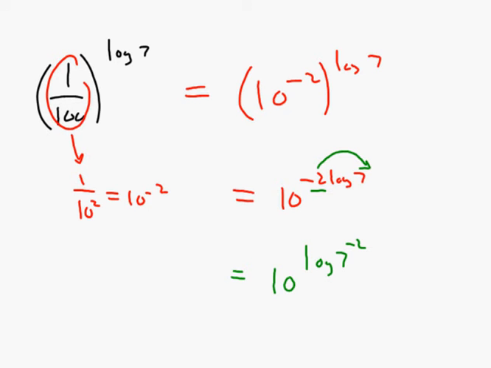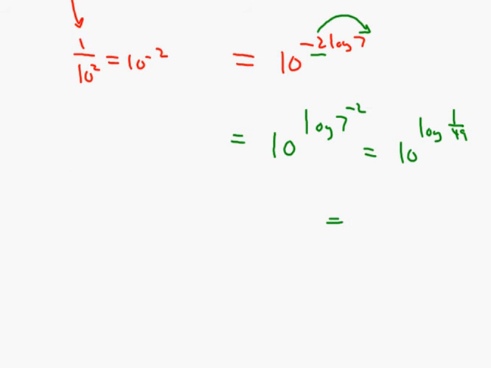That's really 10 to the log of 1 over 49, because 7 to the negative 2 power means 1 over 7 squared, which is 1 over 49. And now when we're done, we have 1 over 49.